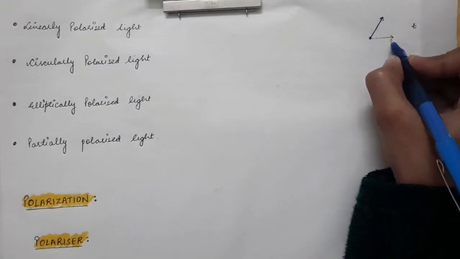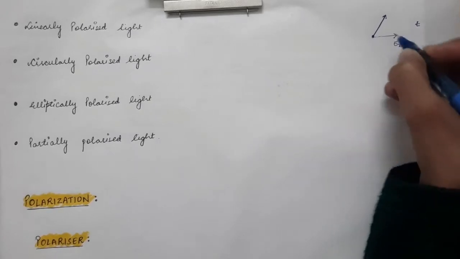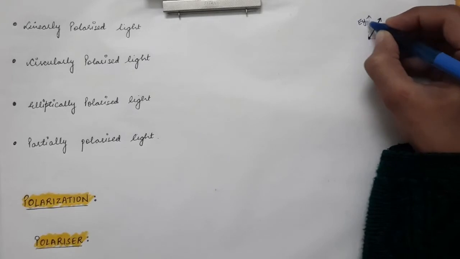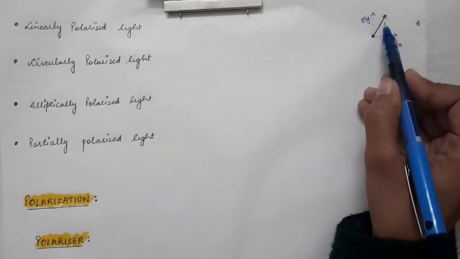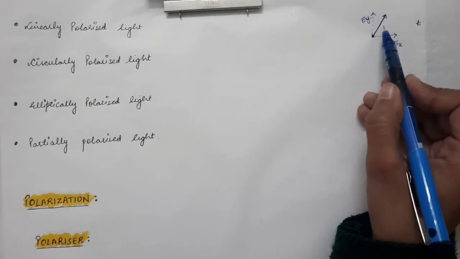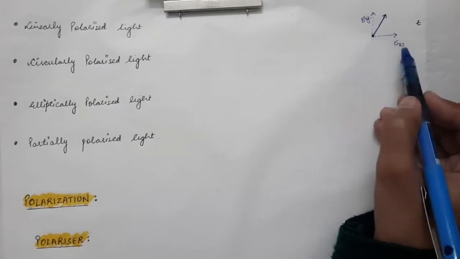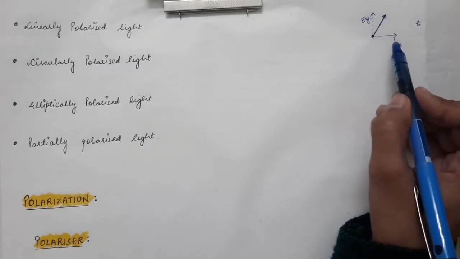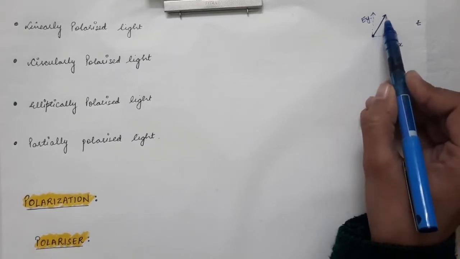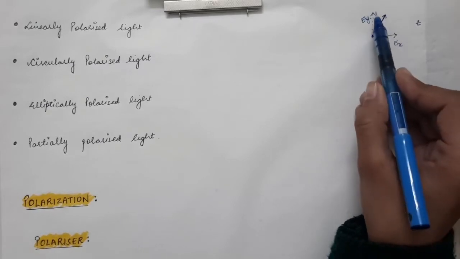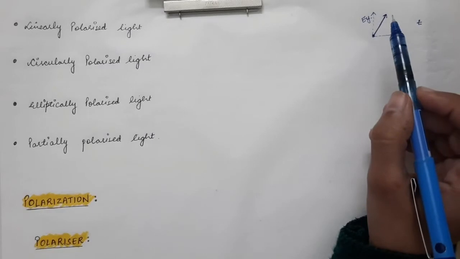One will be the Ex component and another will be the Ey component. So this actual electric field can be assumed to be made up of two orthogonal electric fields which are superimposed on each other, and this electric field is sinusoidal. So Ex and Ey will also be sinusoidal functions of time.